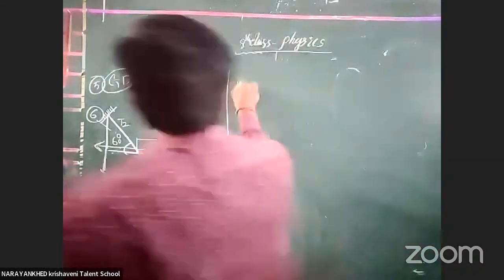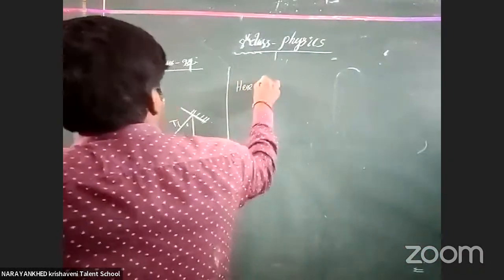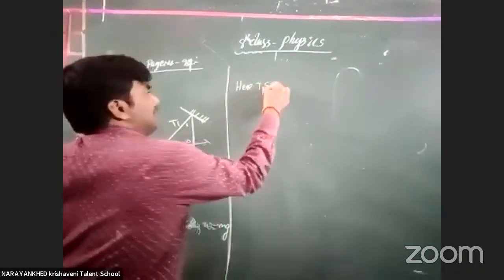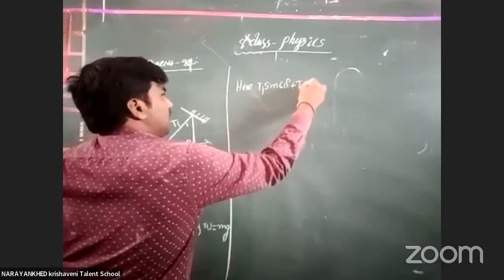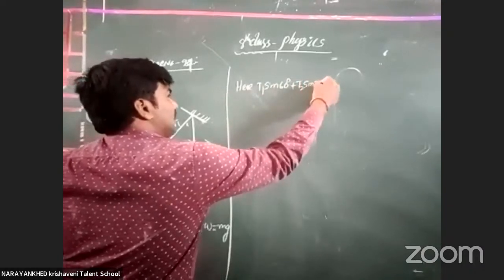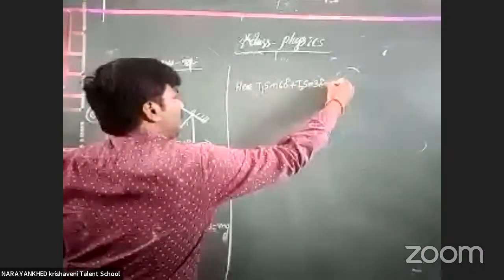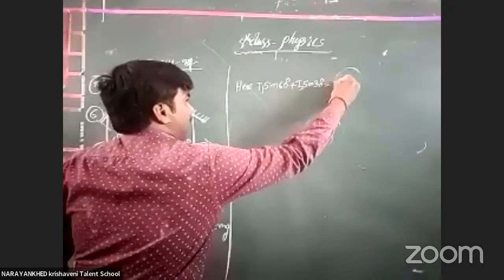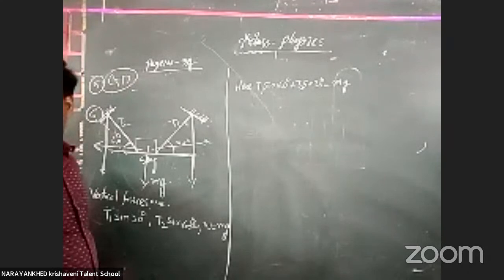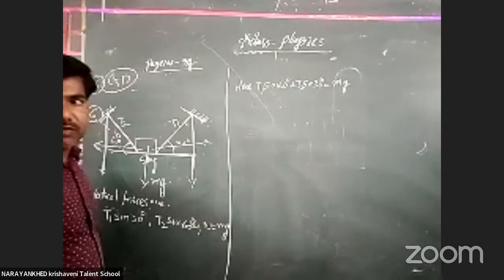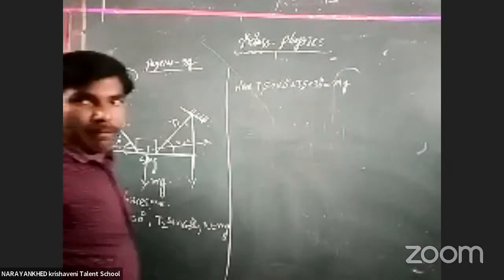Now what is considered: T1 sin 60 degrees plus T2 sin 30 degrees is equal to weight, that is m into g. So T1 plus T2 is equal to mg. The tension forces are equal to the weight applied on it.